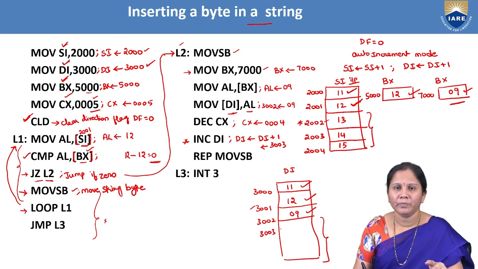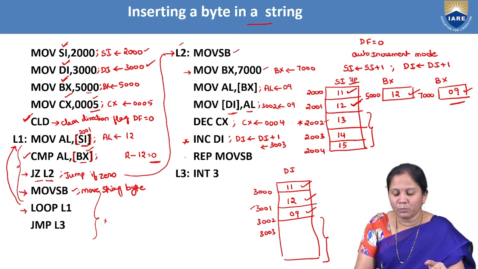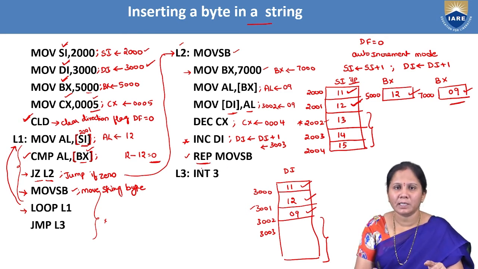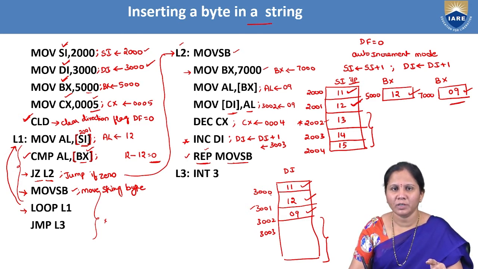Now considering from 3003 location, repeat move SB. Next instruction is repeat move SB. Generally this repeat instruction is used as a prefix to another string instruction. This move SB is the normal string instruction, and repeat is used as a prefix to it.